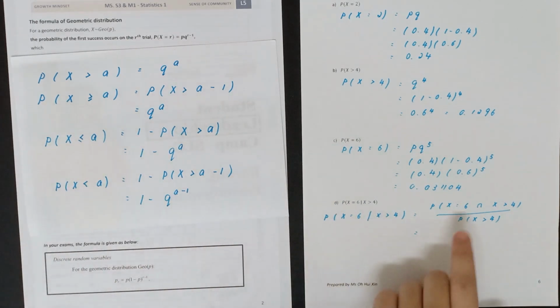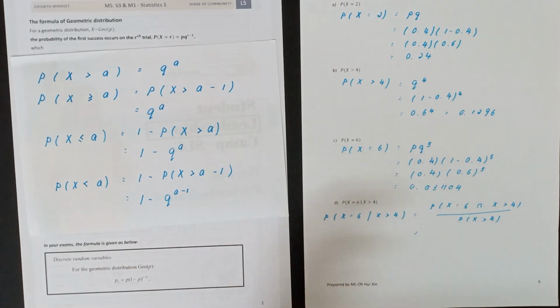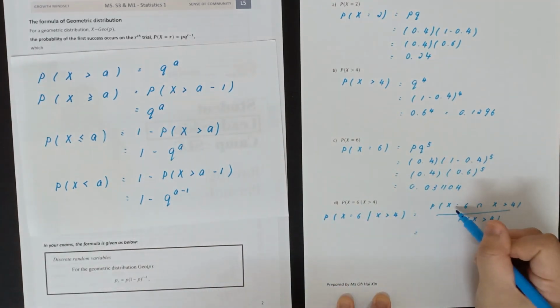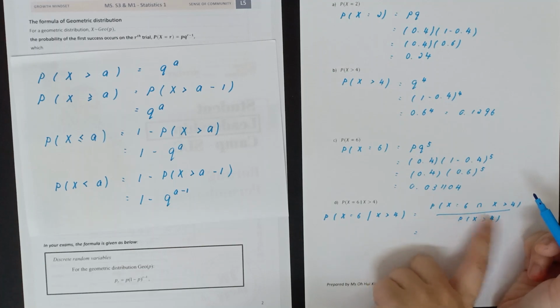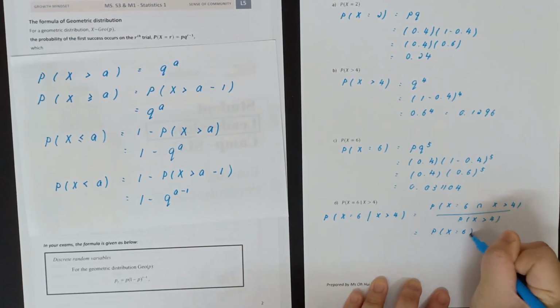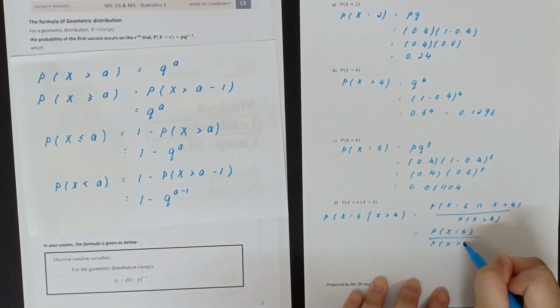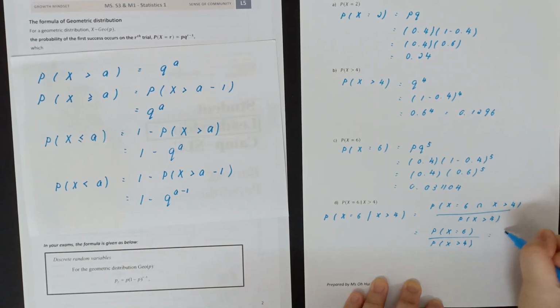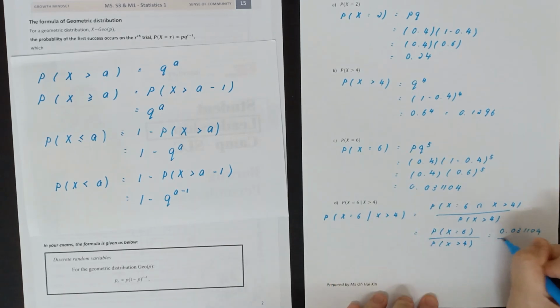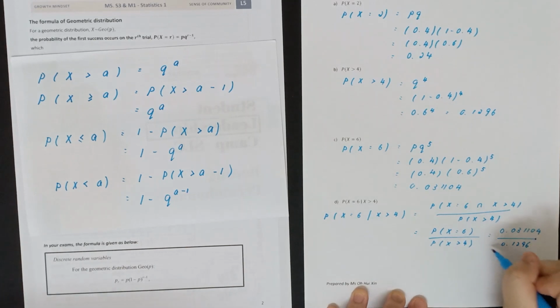So the probability for x equals to 6 intersect x greater than 4 is basically equal to the probability x equals to 6, divided by the probability x greater than 4. The probability x equals to 6 is 0.031104, divided by the same answer that we got earlier. After putting it together, you get 0.24.